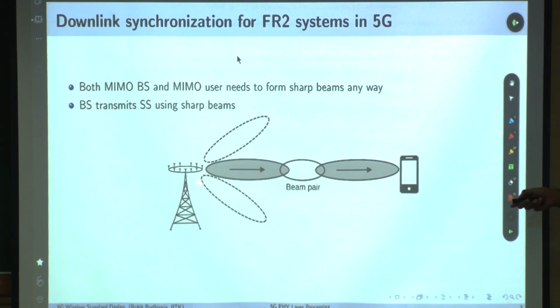Similarly, if it transmits the signal in another direction, the user will again not be able to receive it. So what I'm going to discuss will help the user in this kind of beam attachment. I'll show you that.